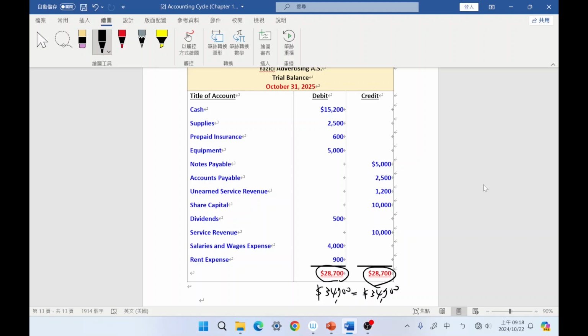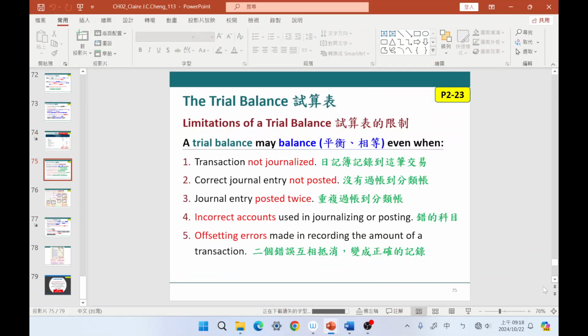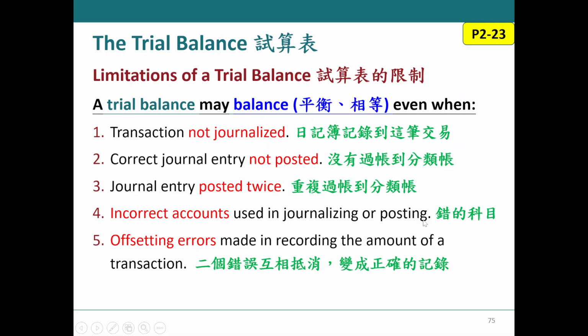Okay, so what kind of cases make you have this kind of situation? Please go to your slide, on page 75 of your textbook, 2-23. Here it gives you 5 cases.